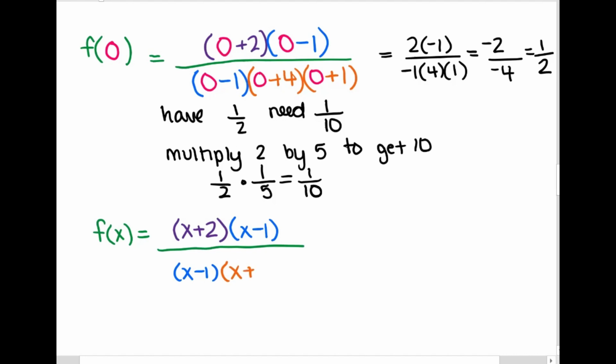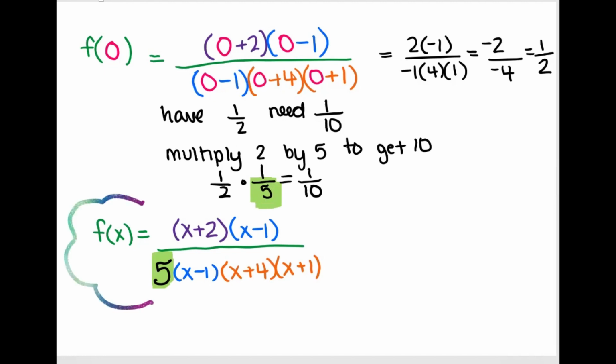We had x plus 4 and x plus 1, but we said that we needed a 5 in the denominator, which means we need a 5 in the denominator of our function. And we have our final answer. So this time our y-intercept helped us figure out that we were missing a constant or just a plain old number in the denominator.